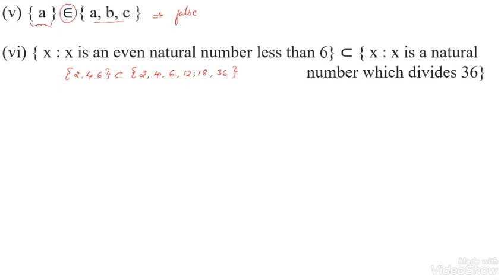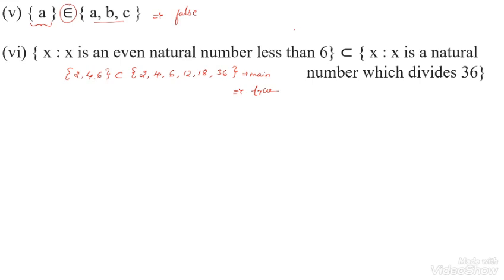These are the numbers which divide 36. Okay. Here this one is called the main set. From the main set I have considered some elements to make another set, called a subset. Therefore {2, 4, 6} is a subset of the main set. That's why it is a true statement.